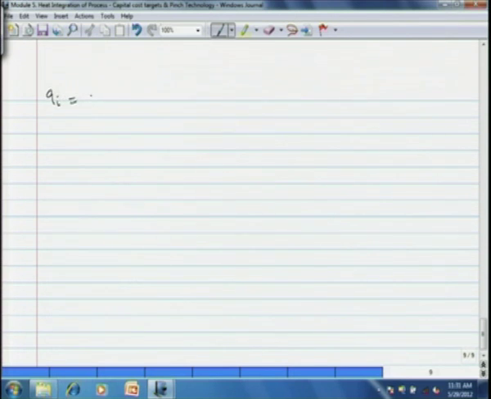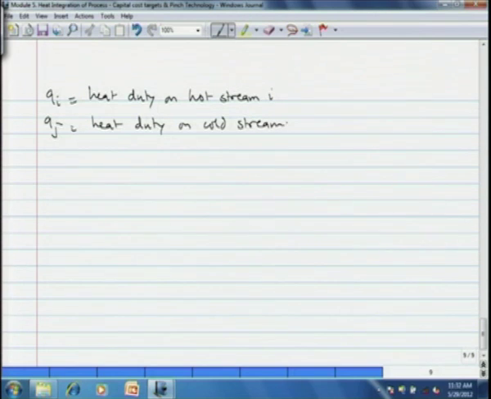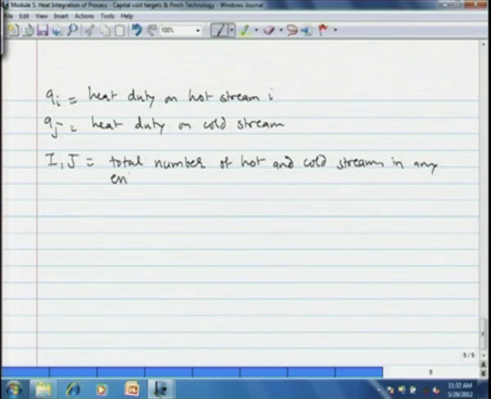So, Q I is the stream heat duty or heat duty on hot stream I, Q j is the heat duty on cold stream j, then capital I, capital J are the total number of hot and cold streams in any enthalpy interval. And capital K is the total number of enthalpy intervals.